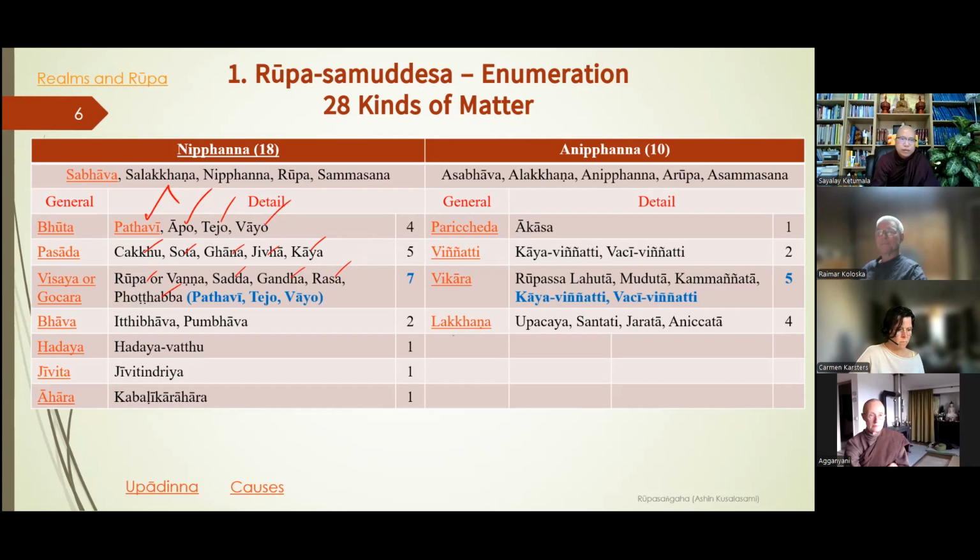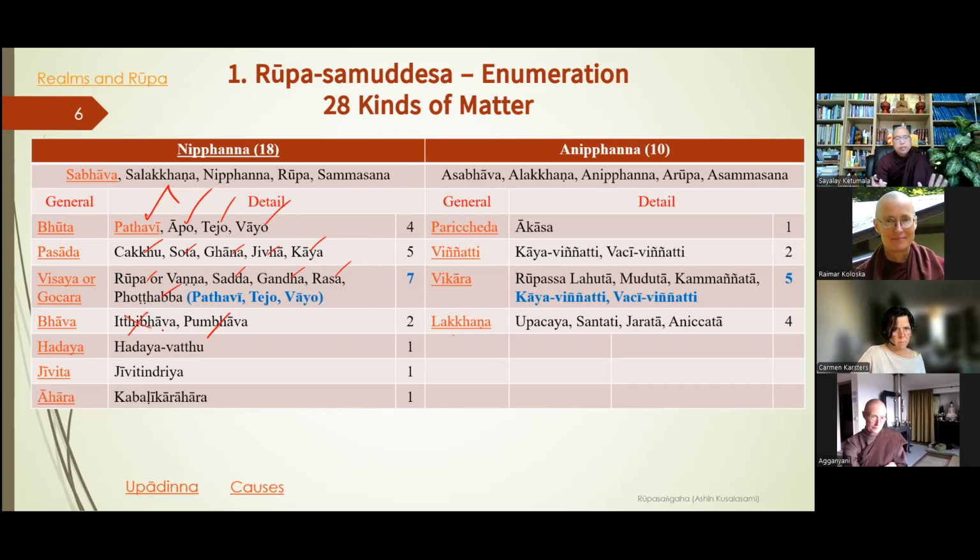But for the female, there is no pumbhava; if you are male, no itthibhava. That's just the difference. So in a human, from the sense realms, 27 matters are possible.